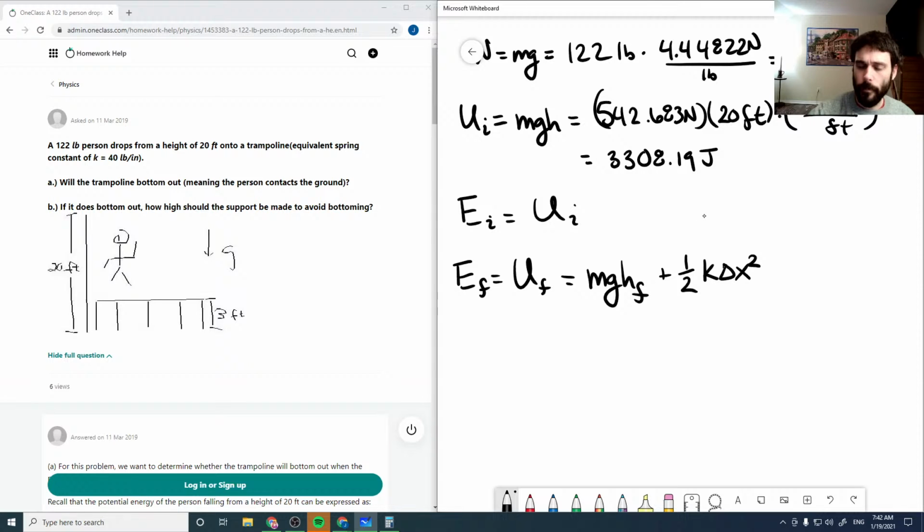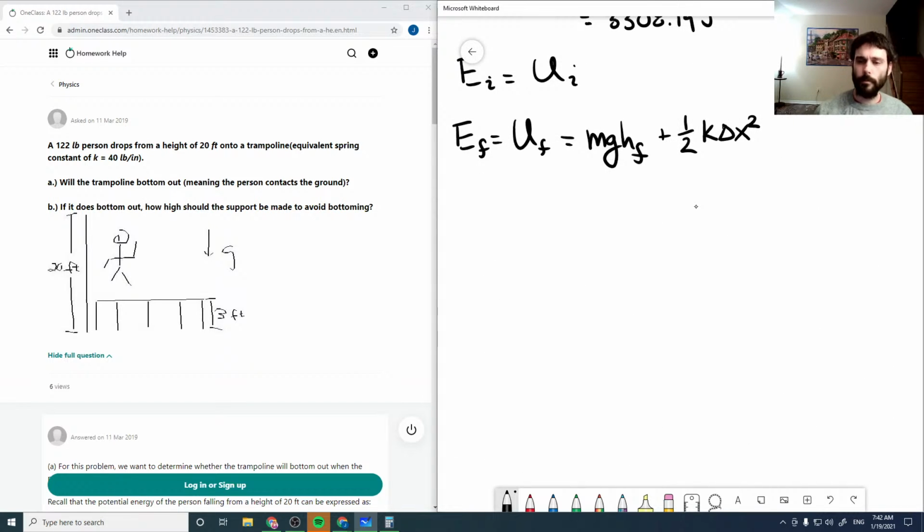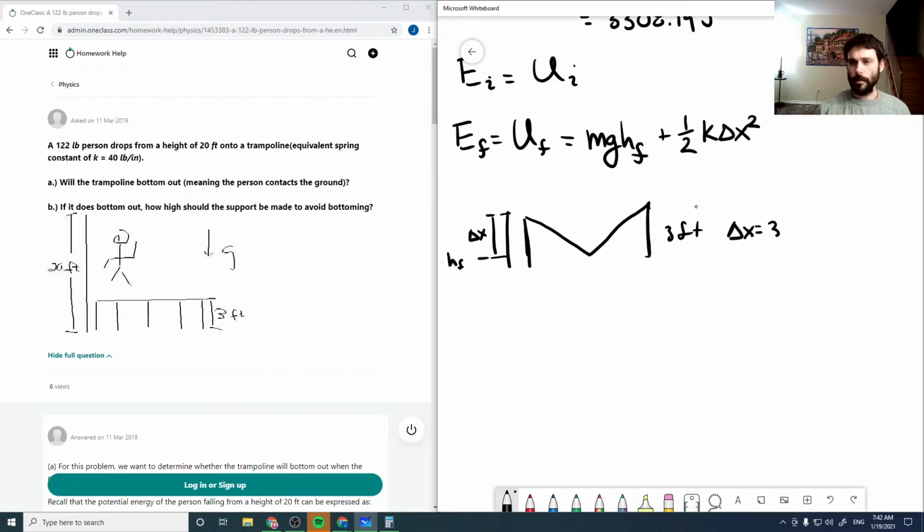So now for delta x, if we kind of expand this a bit, this is 3 feet. This is our final height. So this here is delta x. And so we can see that delta x is 3 feet minus our final height.